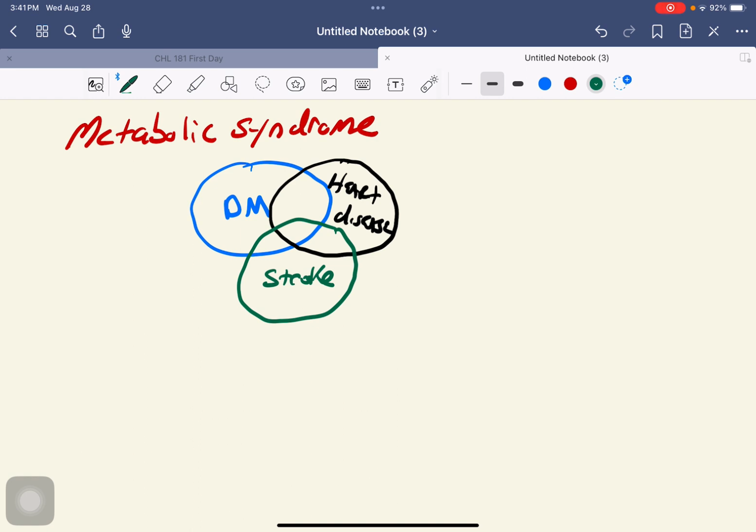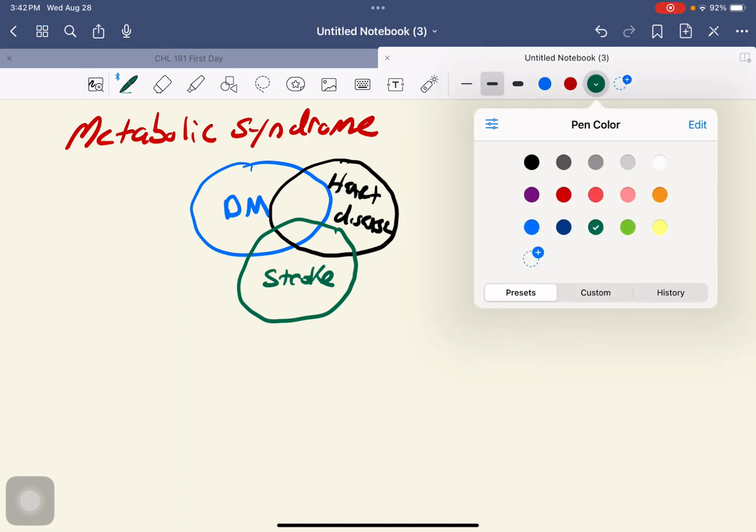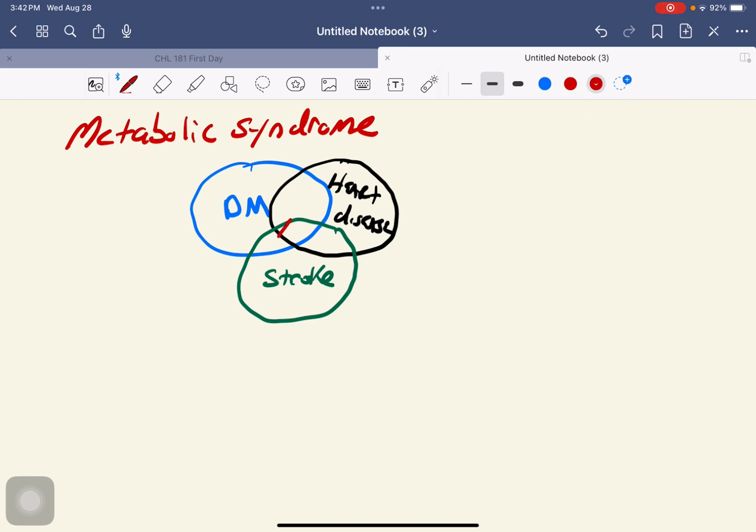Ischemia, lack of blood flow, hypoxia, lack of oxygen to the brain. So the inability to handle sugar contributes to this interrelationship, this crosstalk area between stroke, heart disease, and diabetes, this Venn diagram interaction. This is referred to as the metabolic syndrome.